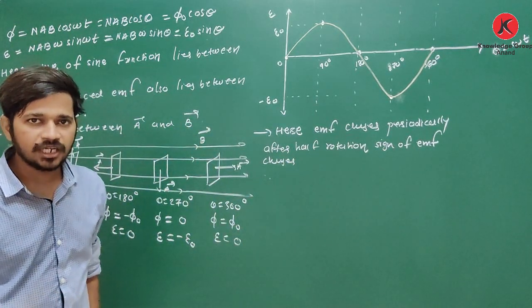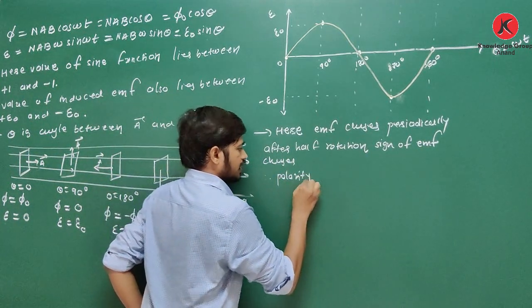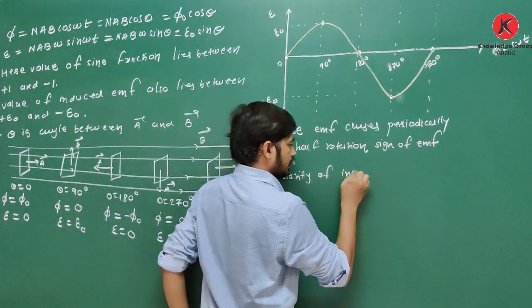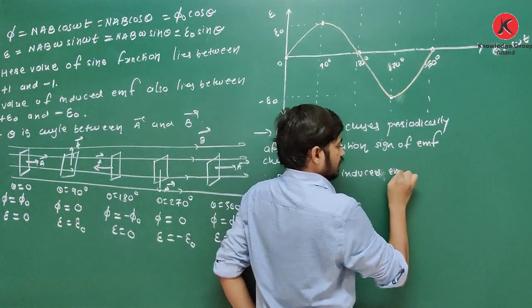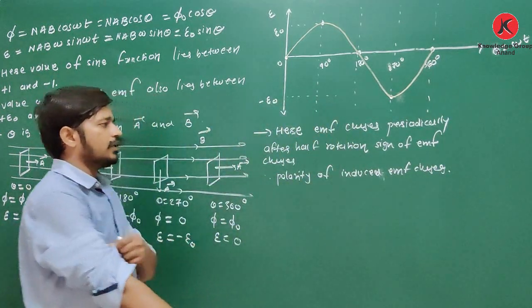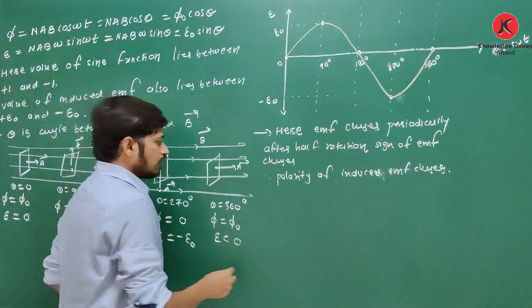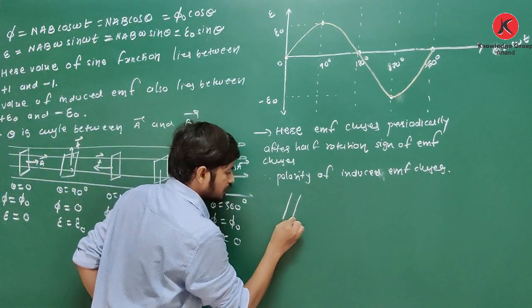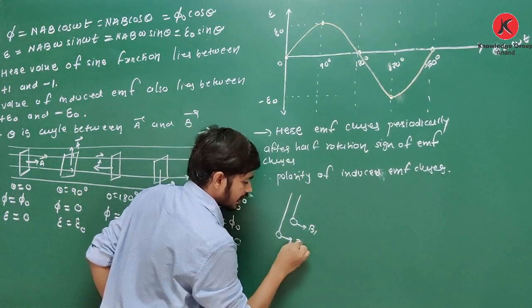It means the polarity of induced EMF changes. How does the polarity of induced EMF change? We know that EMF is induced between two slip rings, B1 and B2.